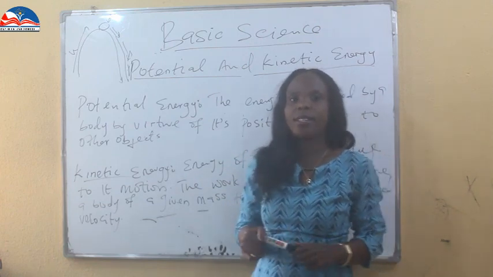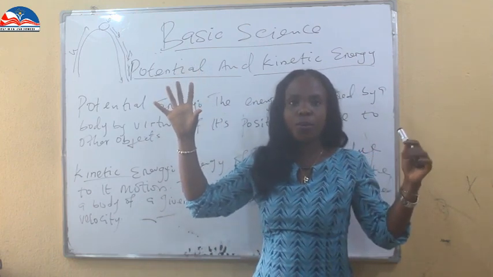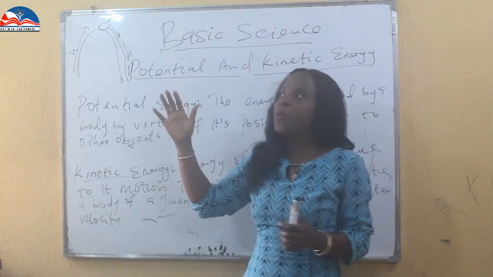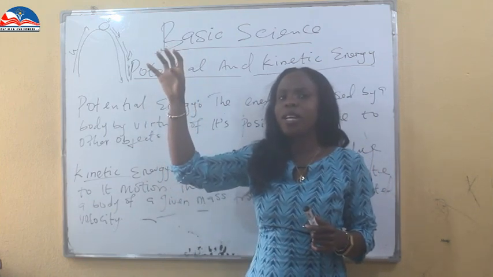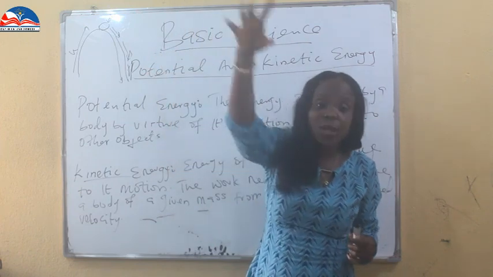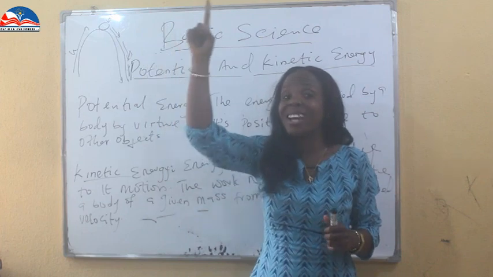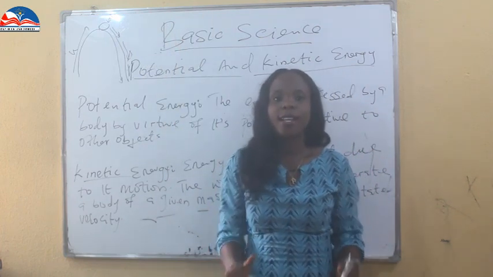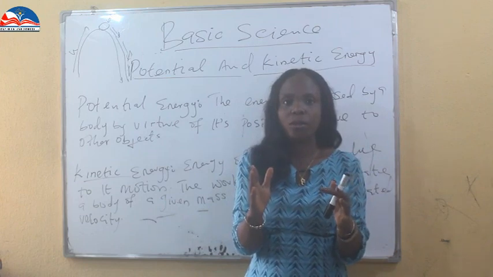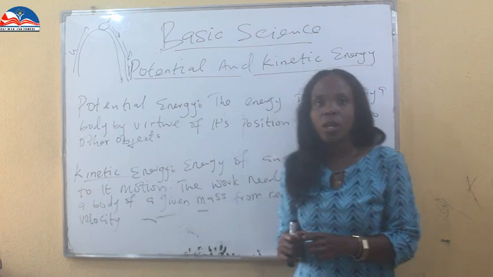Now let's take another example. Leaves on the tree top. The process of the leaf pulling off the tree or its branches to get to the ground, the motion at which it moves from the tree top down to the ground is kinetic energy. So it's in motion. Now, back to the bow and arrow I used.